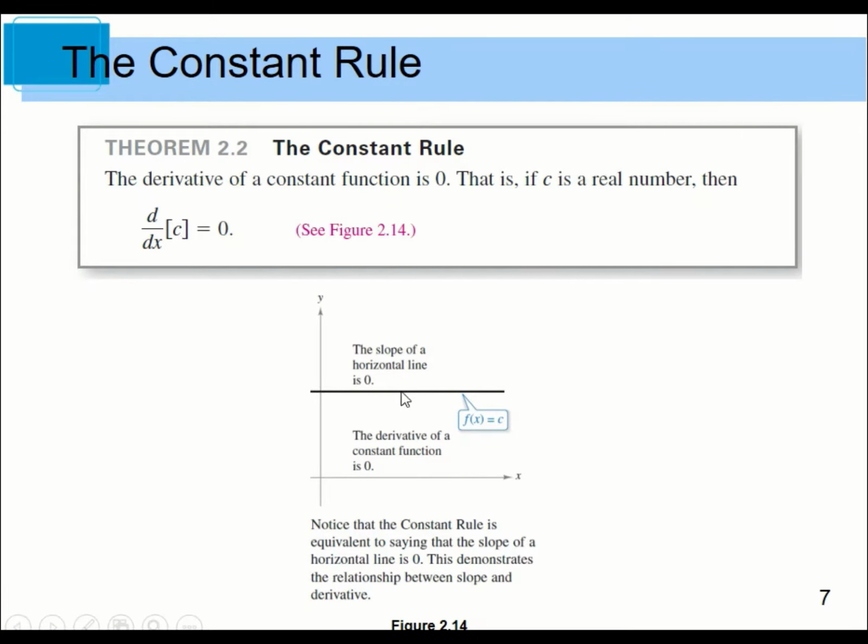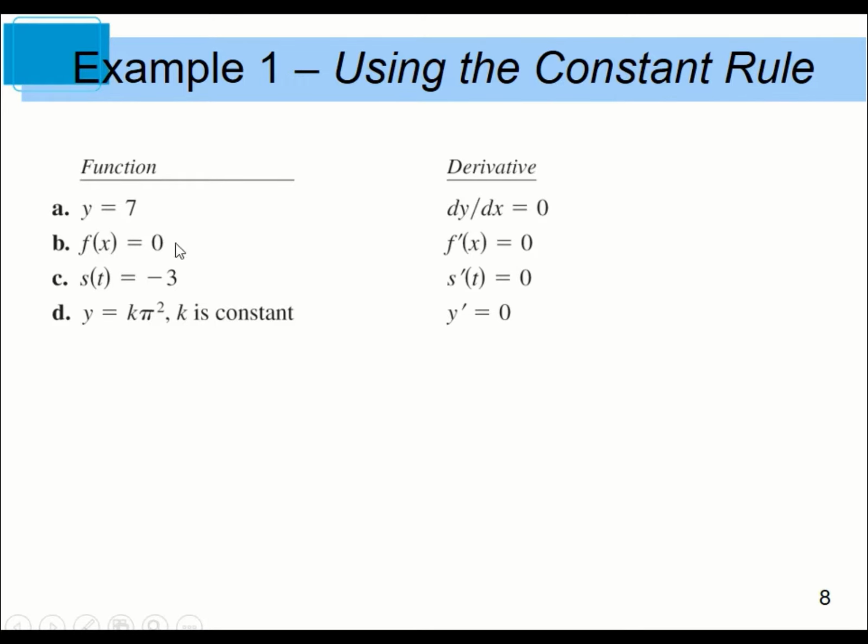So these are some examples. If we have functions a, b, c, d like this: first, if the function y equals 7, since this is a constant, when we differentiate we will get 0. For b, if f(x) equals 0, the function is 0, a constant, and the derivative f prime of x will be 0 as well.